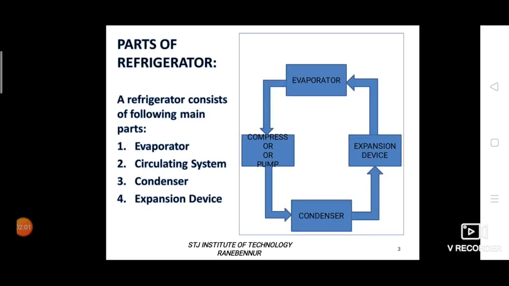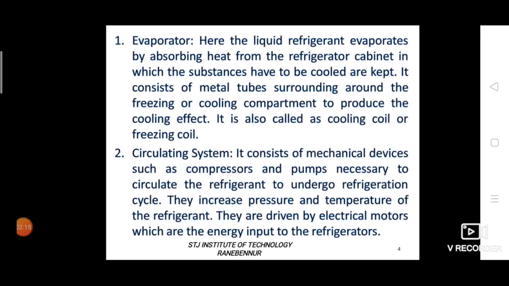Next, parts of the refrigerator. A refrigerator mainly consists of four parts: evaporator, circulating system, condenser and expansion valve. The first one, evaporator. In a refrigerator, the evaporator is in the form of coiled tubes. Inside these coiled tubes, a liquid refrigerant will be present.